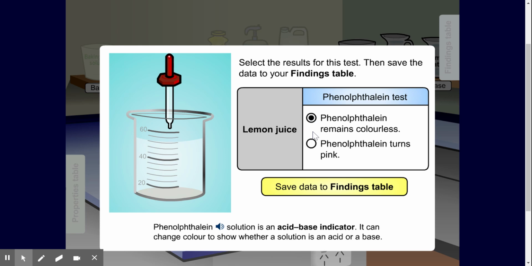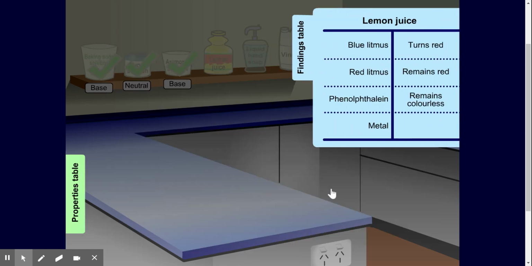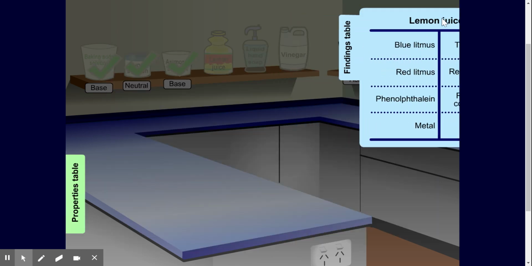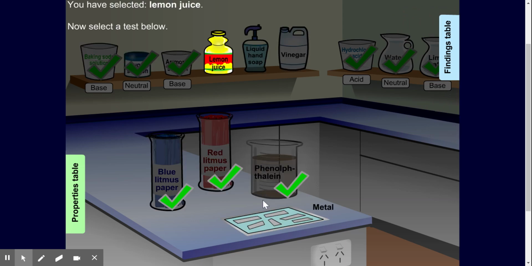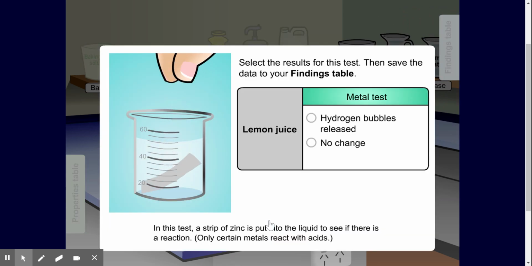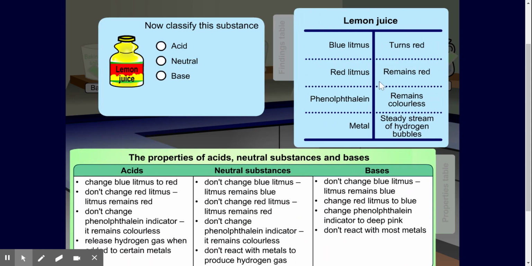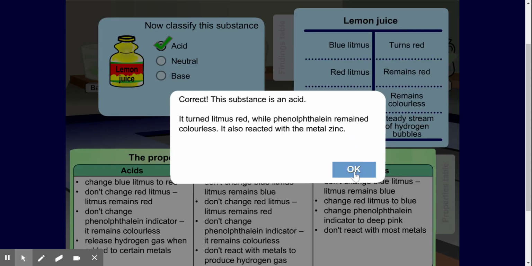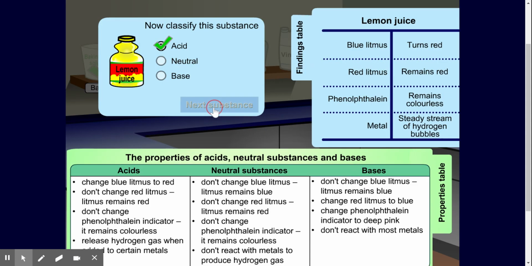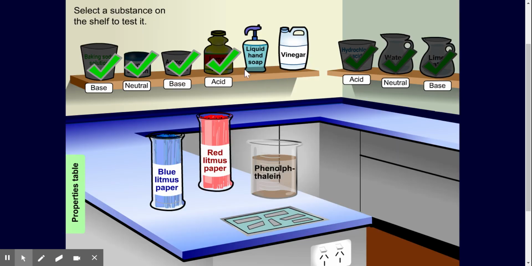It stays colorless. And then the metals. We see the hydrogen gas being released. So we compare this to our table. We see that the blue litmus turned red, red litmus stayed red, and the metal had a reaction, so that makes it an acid.